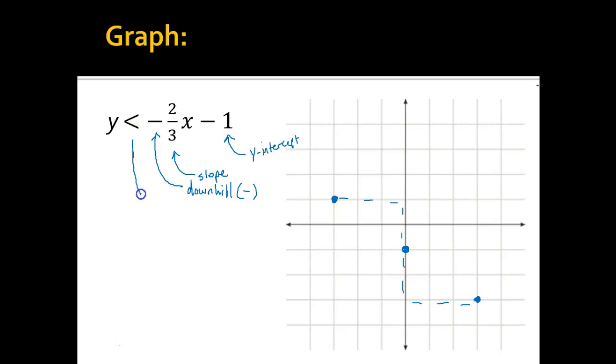Okay, now this is an inequality, and this inequality tells us 2 things. It's not equal, which means a dashed line. If it was equal to, then we would put a solid line. And it's y is less than, so we're going to shade the bottom of the line once we draw the line.